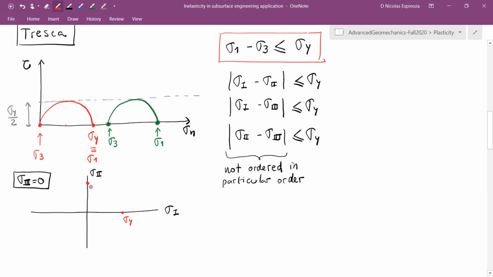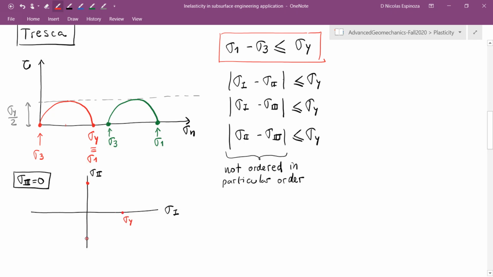In this case, we are also assuming that this is an isotropic material and has the same yield stress in compression as in tension. So if I were to be in compression, I could be right on the opposite value.